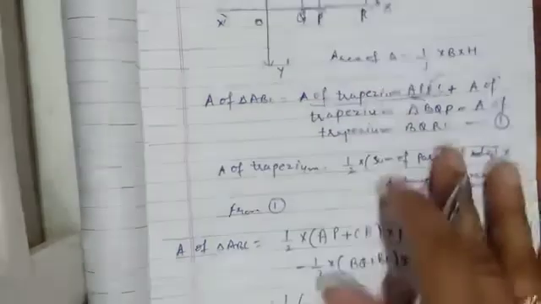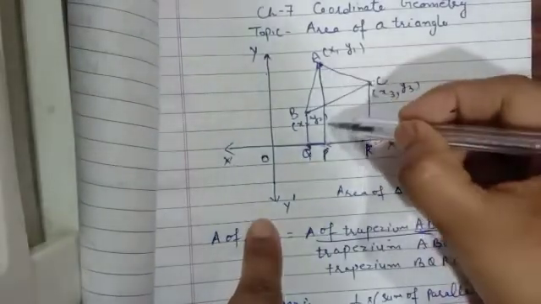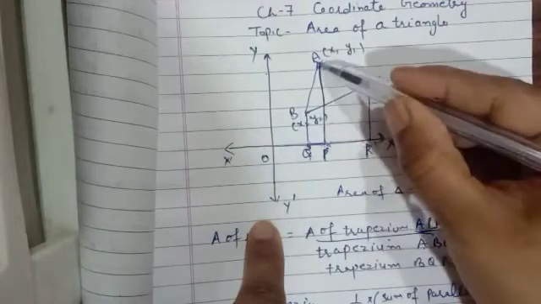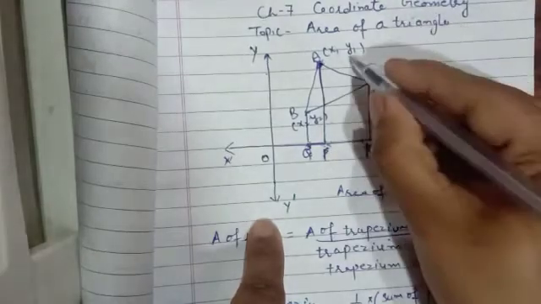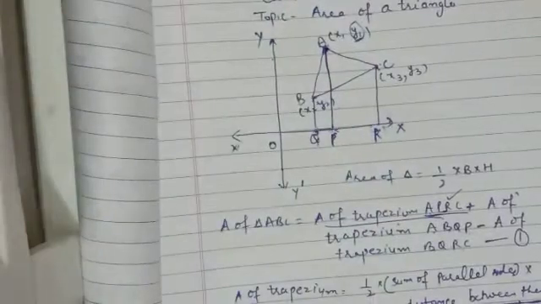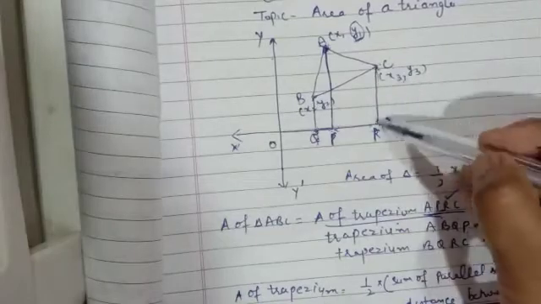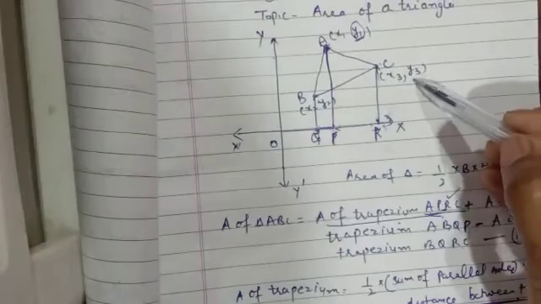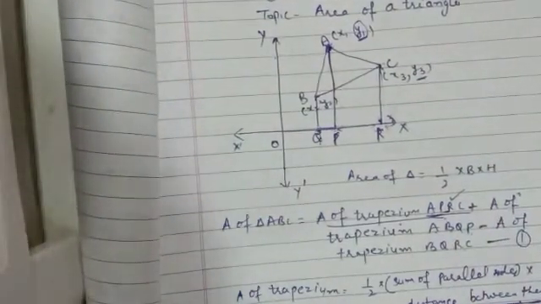Half into distance AP, you may see from here, this value AP is equal to the perpendicular distance of the particular point from the x-axis, that is equal to the value of the y coordinate, means this distance will be considered as y1. Then plus CR, you may again see here, this is the perpendicular distance again, that will be equal to the y coordinate, that will be y3. We write over here into.